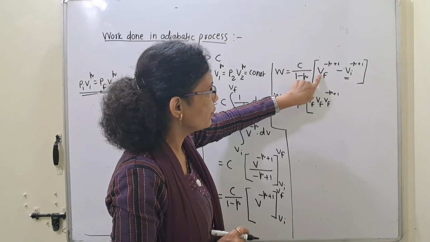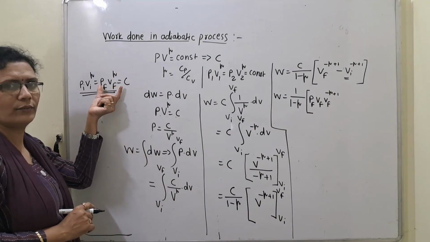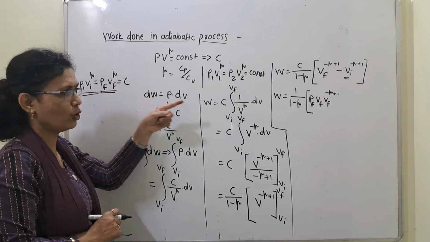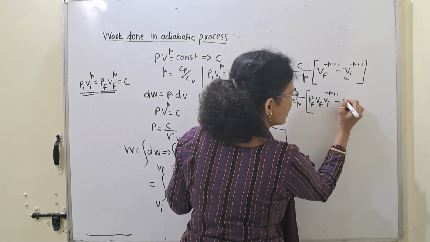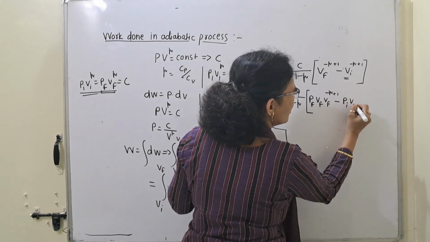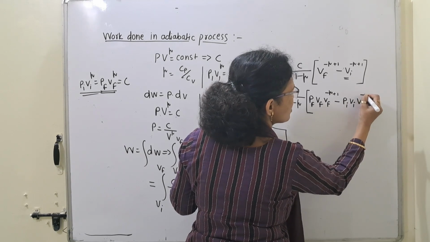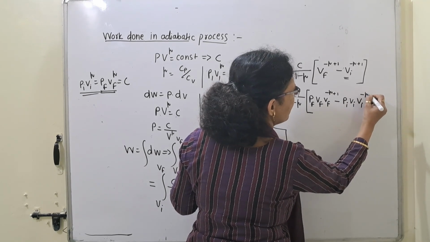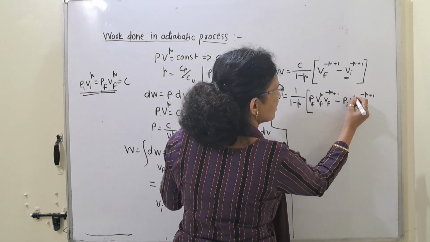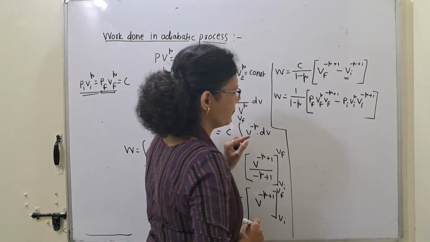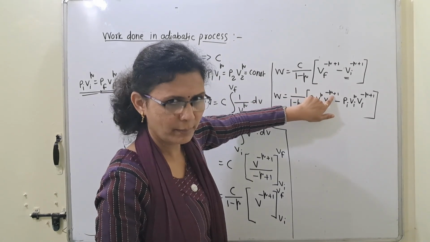If there is a V final, I have taken the term P final V final raised to gamma, value of C like this, minus. Here that value will get changed like this: P initial, V initial and V initial raised to minus gamma plus 1. Here there is a raised to gamma. Okay. Now Vf raised to gamma, Vf raised to minus gamma plus 1.